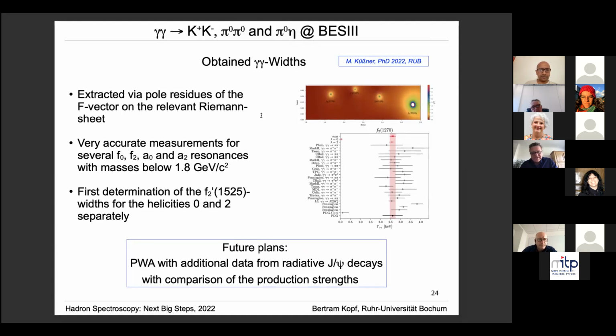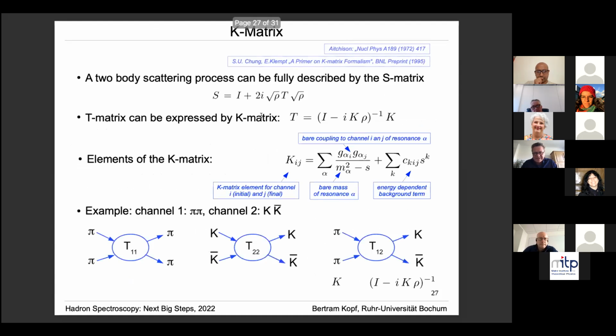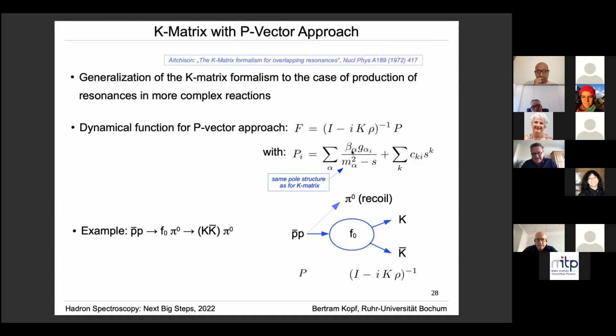Yeah, we have used in our fit the different helicities individually. So we have waves with helicity 1, helicity 0, and helicity 2. And with these contributions, which are related to this P-vector, this beta here, this is individually fitted for helicity 0 and helicity 2.